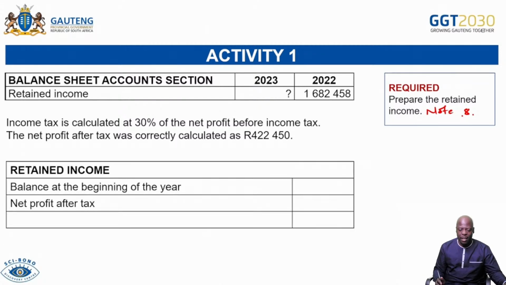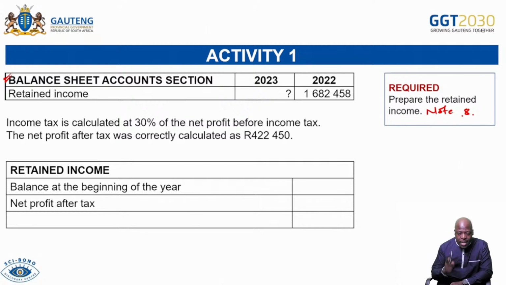And here is the retained income note. It begins off with balance at the beginning of the year. And you can see here, we were given the amount in the balance sheet accounts section. So you have to know that your retained income note, later we're going to use amounts from there to prepare financial statements, as I promised you that in next week's class, I'm going to start financial statements.